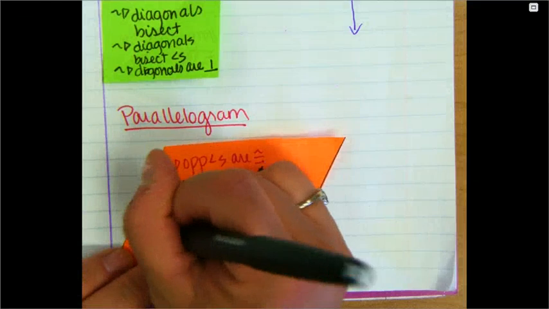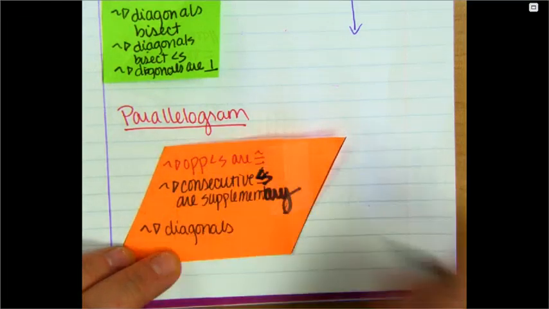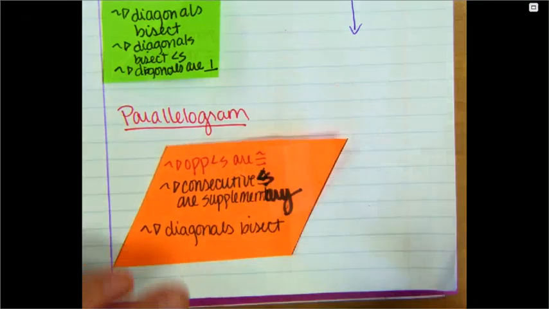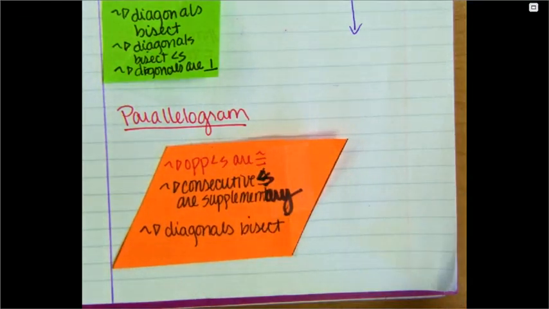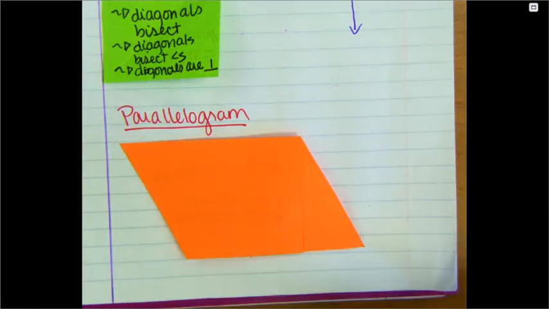And what do you know about your diagonals? They bisect. What does it mean to bisect? Cut them in half. What do you know about your sides?